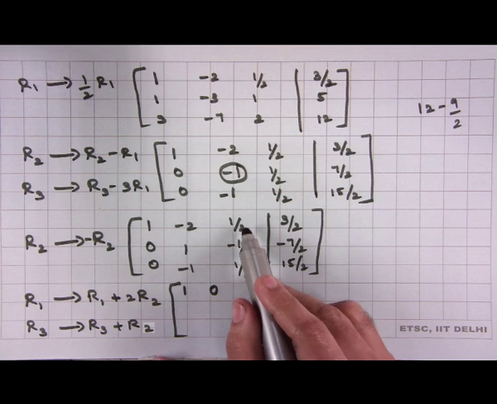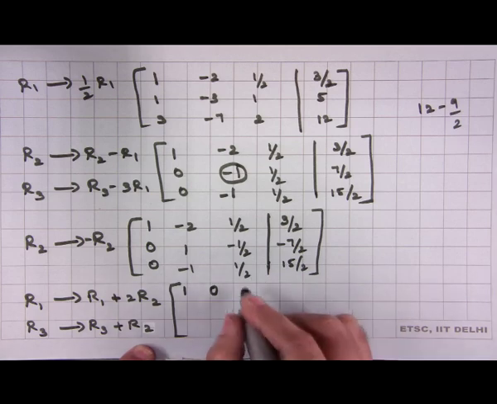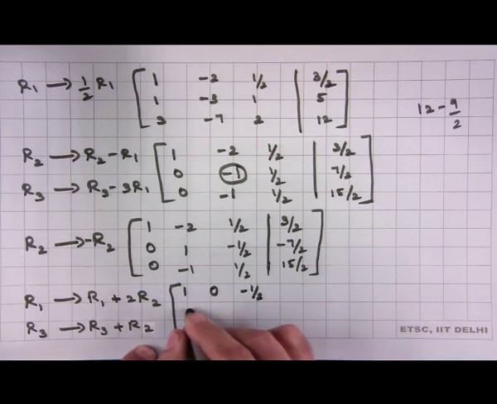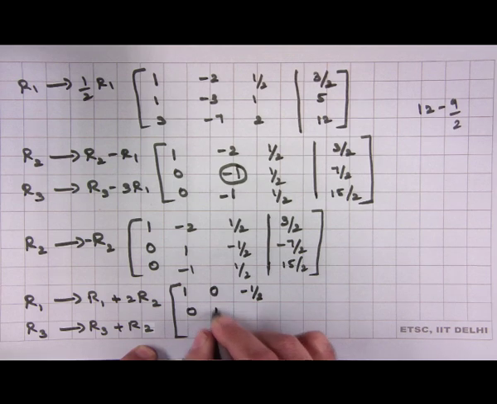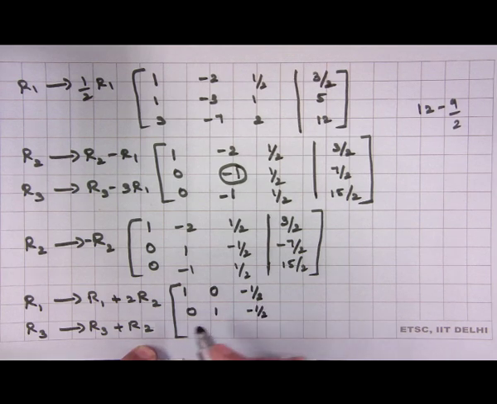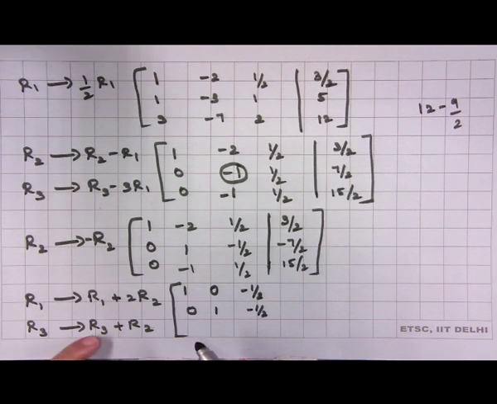So, R 1 plus 2 times, so half minus 1 which is minus half you have here, this row is untouched 0 1 minus half, but then for the last one what we have is R 3 plus R 2. So, you will have 0 0 0.